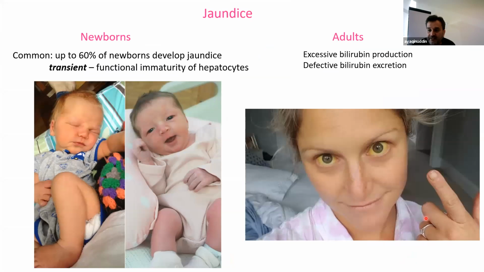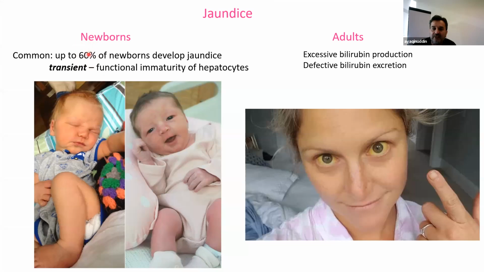If you have an excessive amount of bilirubin produced, or it is not excreted, then this bilirubin can leak out from the hepatocytes into the blood, and then it can get deposited into the skin, giving yellowish discoloration to your eyes or your skin. That condition, when you have yellow discoloration, is called jaundice. In newborns, the liver is immature and cannot conjugate bilirubin.